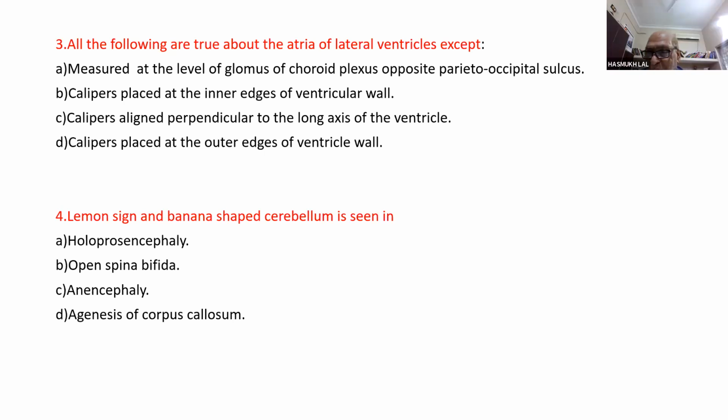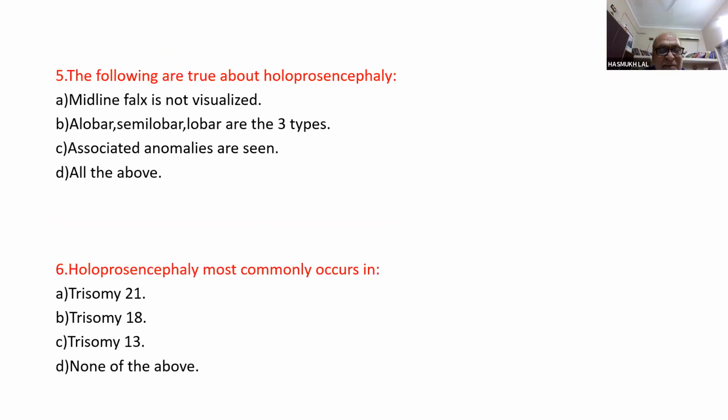So, next question. Suchita, number 5. The following are true about holoprosencephaly. The right answer is all of the above, because holoprosencephaly is a very severe kind of defect, and we can identify it right in the first trimester.